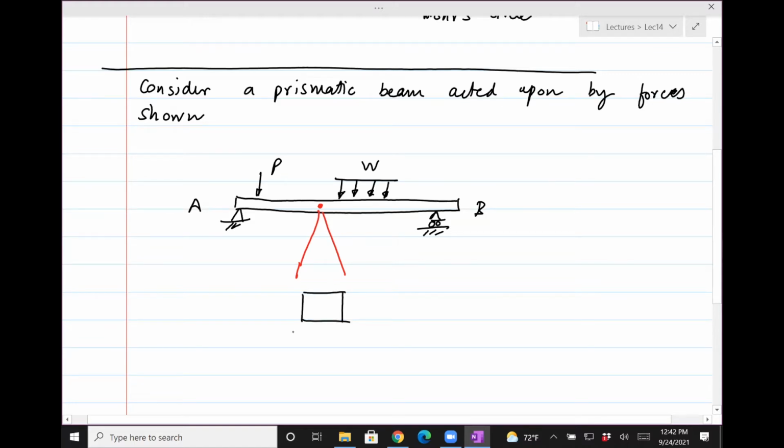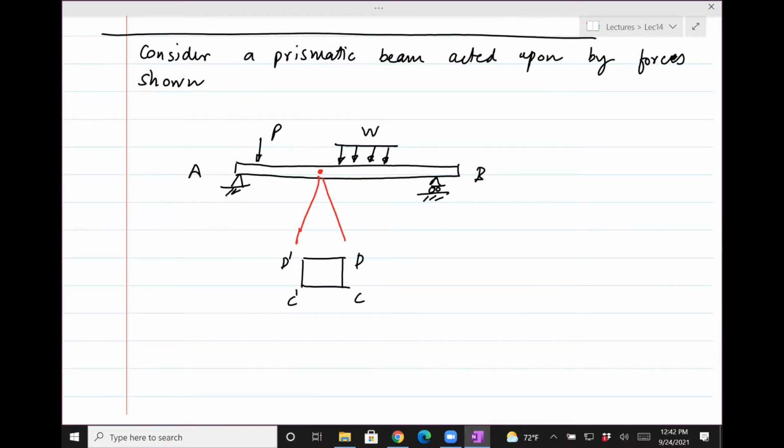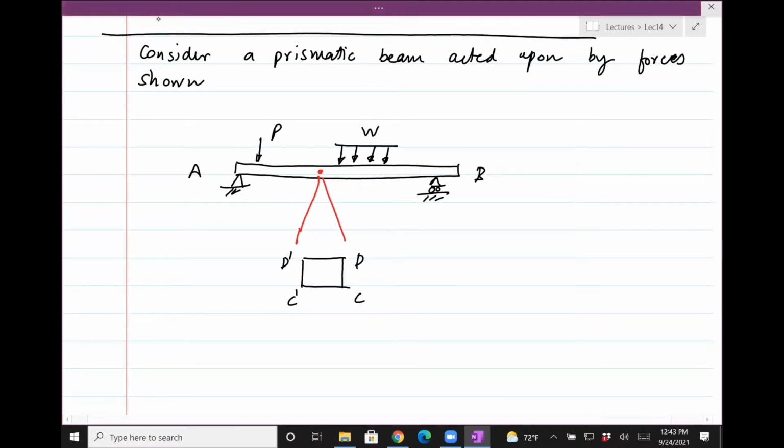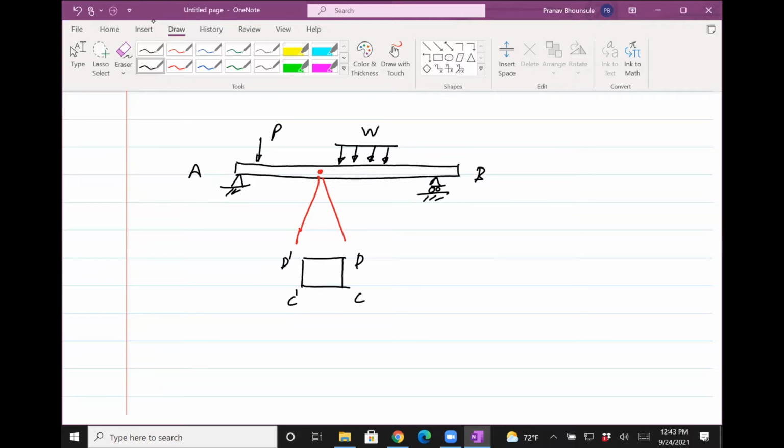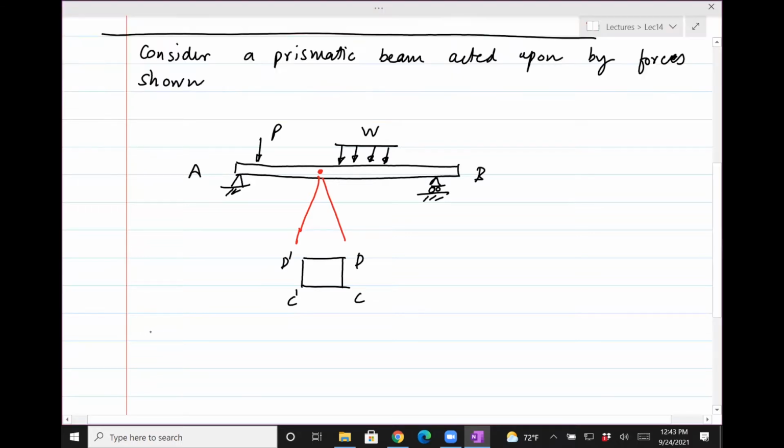So let's call this face C prime D prime, the right face as CD. And let's assume that this section is at a distance of y1 from the neutral axis.